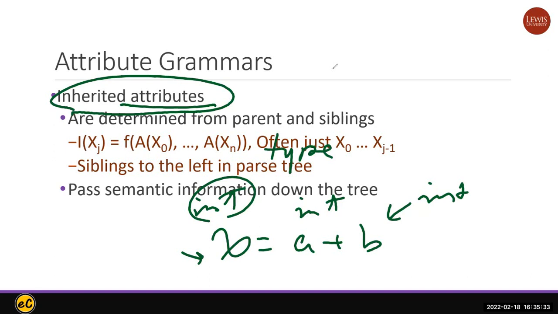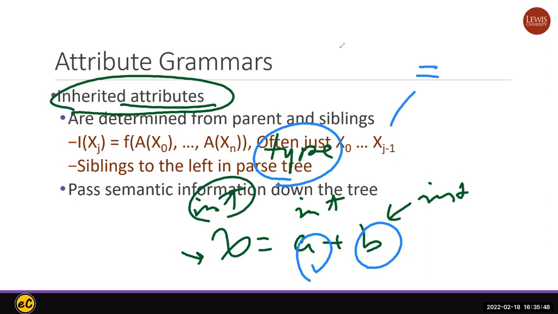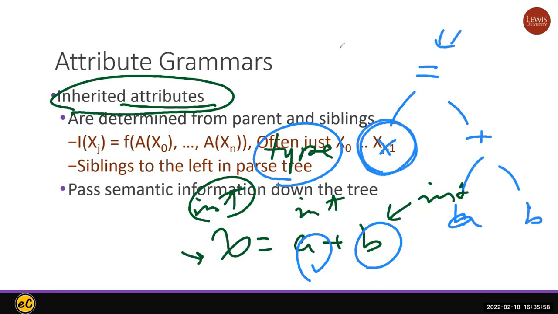So inherited attribute means that the value of that attribute is determined by your brothers or your father. Father means your upper node. Here, the assignment statement may determine the type of this node, and its value may also be determined by its sibling.